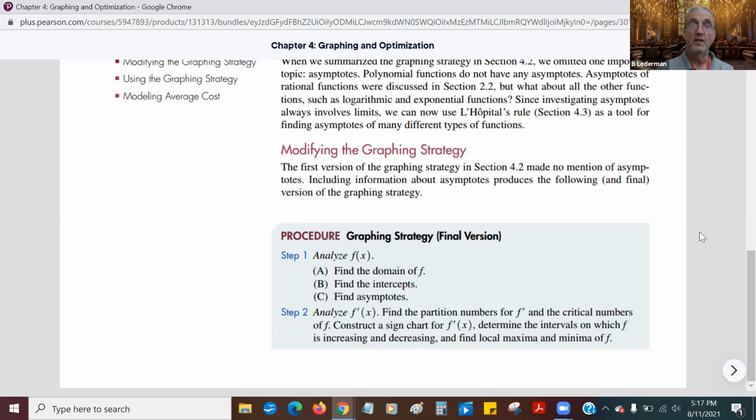So analyze f of x. Step one of the procedure is all algebra. We want to find the domain of the original function, the intercepts, and the asymptotes, something that we learned how to do in algebra.